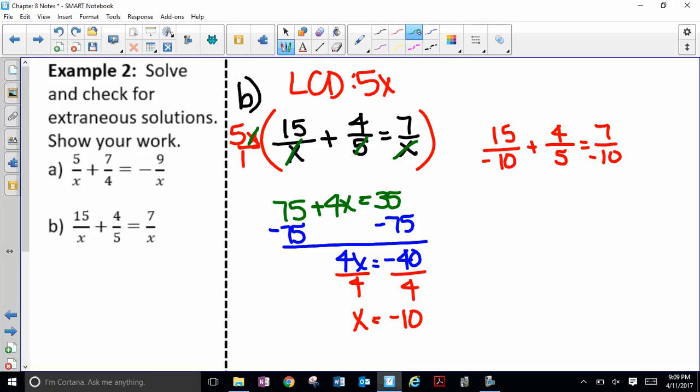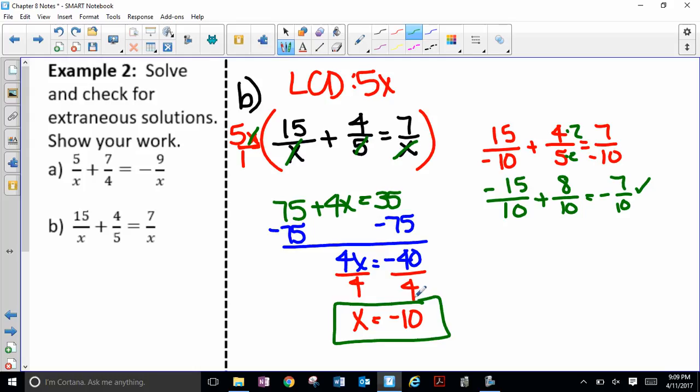Okay, well then I need to change this times 2 to make it 10 denominator. So it's 8/10. This stays the same, and it's -15 over 10. And this I could make -7/10, just put the negative in front. And that is, if you do -15 plus 8, you get -7, and you keep the 10, so it checks. So x equals -10 is your answer.